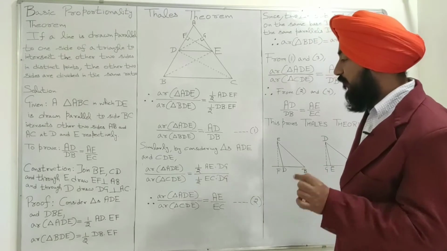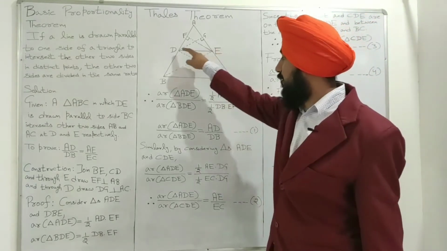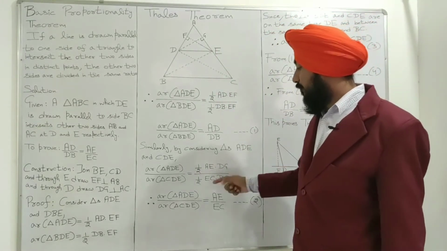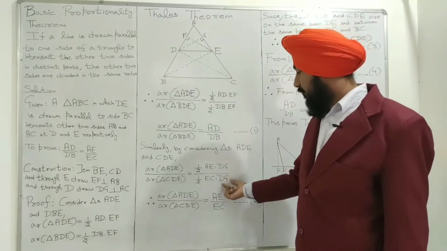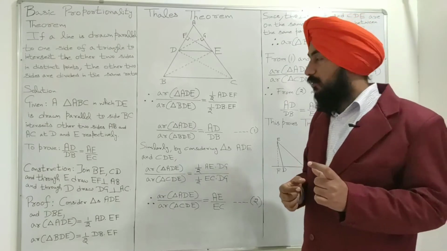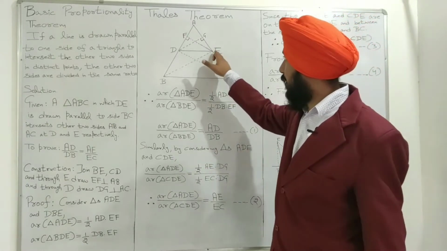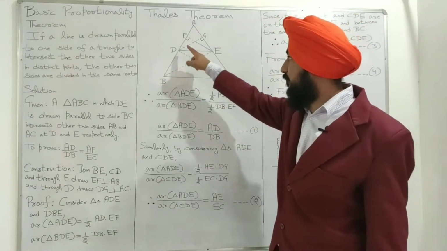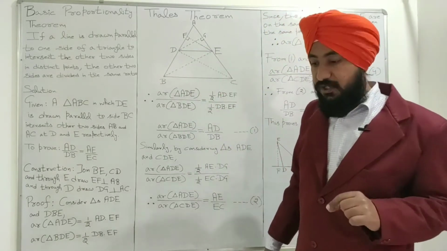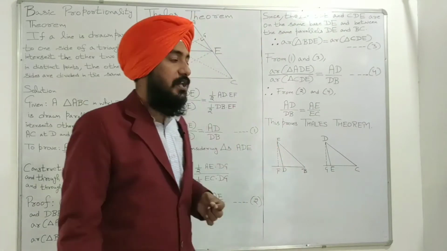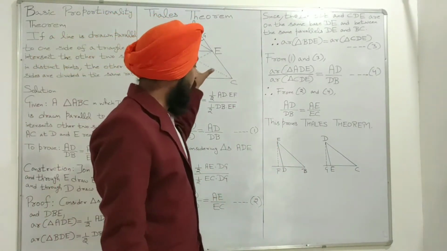After this, area of triangle CDE. Now taking the area of triangle CDE, 1 by 2, here you can see the base is EC and the height is DG. The same as we have used earlier. We took EF as the height of that obtuse triangle. The same is here. This CDE is also an obtuse triangle. For calculating the height of this triangle, I have drawn this triangle here.